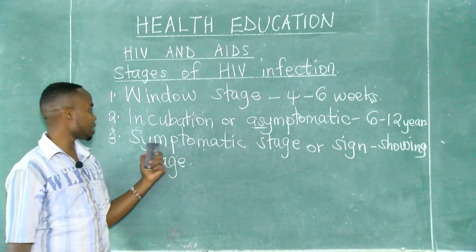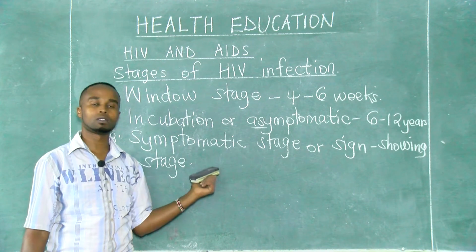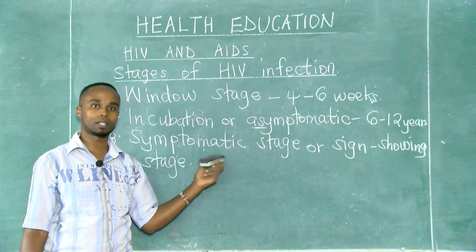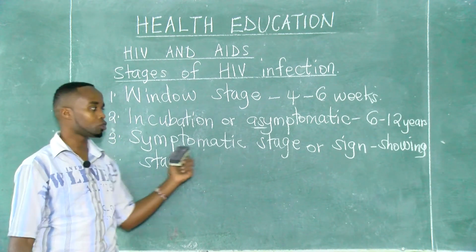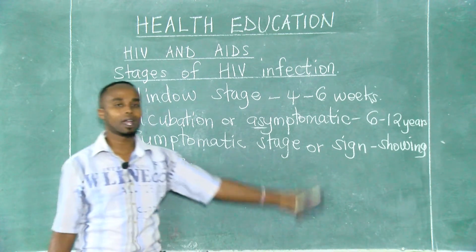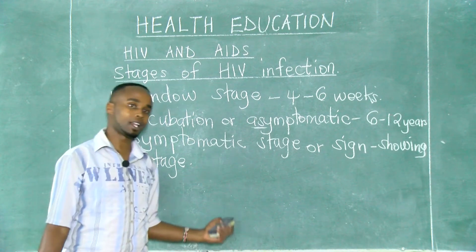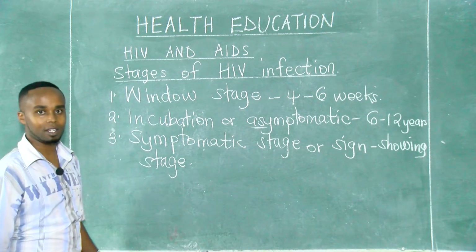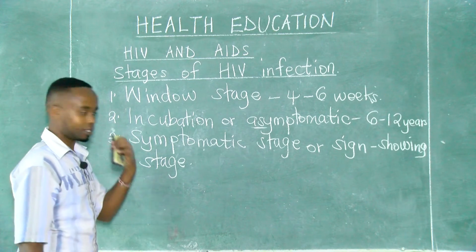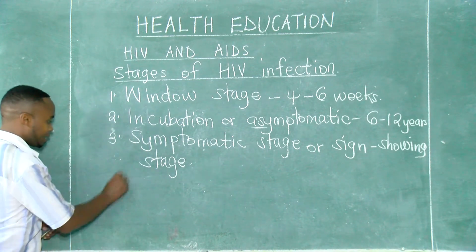When you start seeing those signs and symptoms, it means that the person is in the symptomatic stage, or the signs showing stage. After I have given out the fourth stage, I'll give you some of those signs of HIV and AIDS.